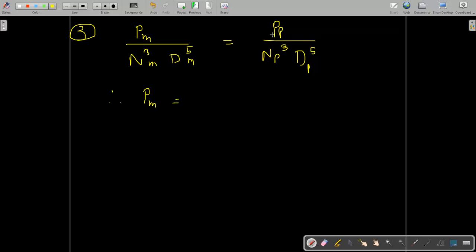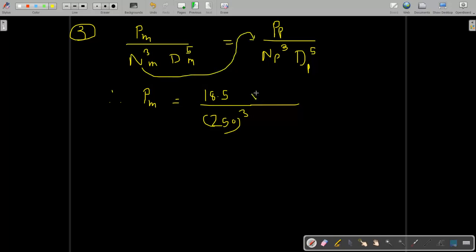Here you can say that power of prototype is 18.5 megawatt divided by RPM is 250 whole cube in RPM, and here take this model's RPM on this side. So model's RPM is 893 RPM.